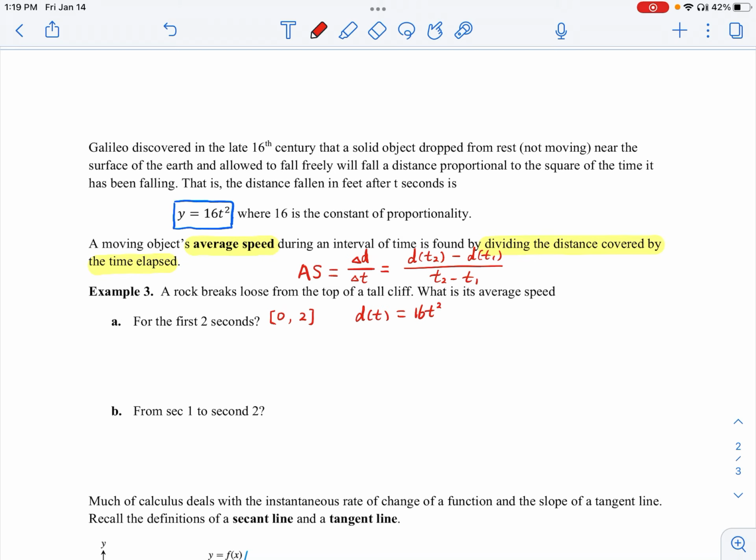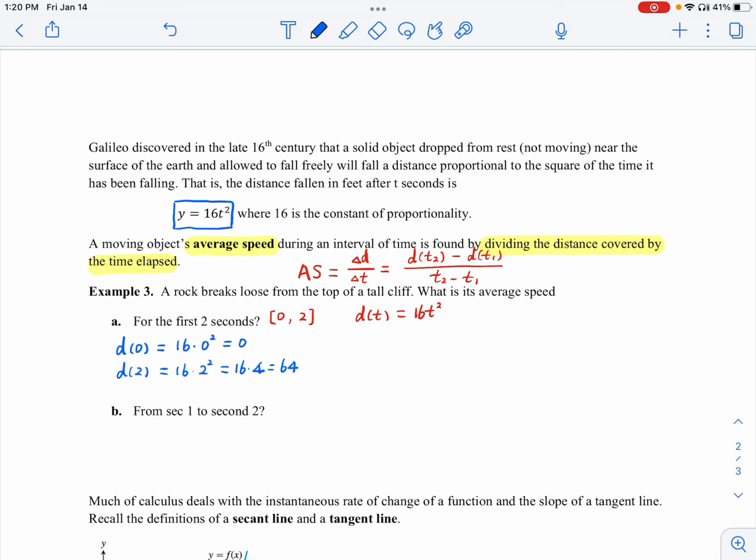To find the average speed, we need to know the distance at time 1 and the distance at time 2. The distance at time 1, which is at 0 seconds, is 16 times 0 squared, which is 0. And the distance at time 2 is 16 times 2 squared. That gives us 16 times 4, which is 64.